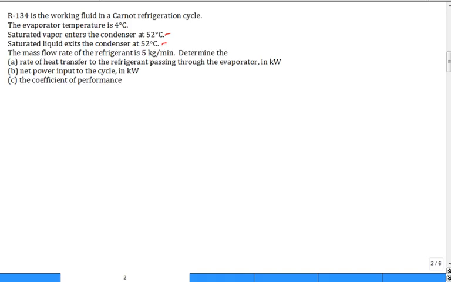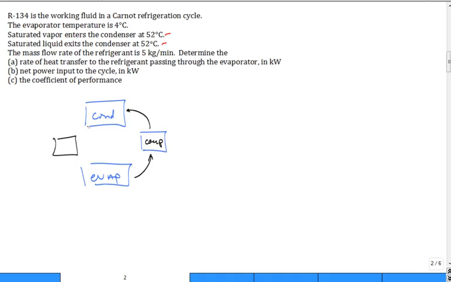Determine things like what is the rate of heat transfer to the refrigerant passing through the evaporator. Well, remember, try to put the condenser above, the evaporator below. Try to put the device that increases the pressure on this side, call that the compressor, and the device that drops the pressure, the turbine, on that side.